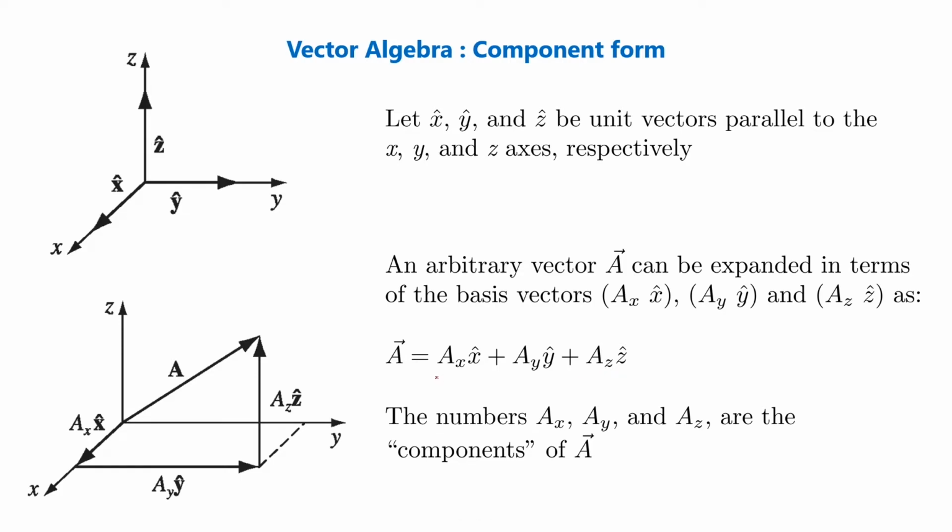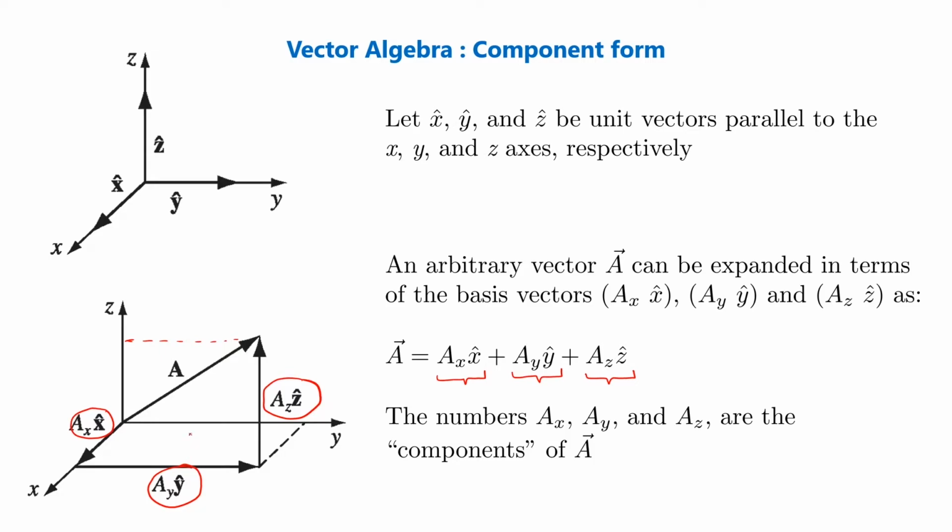So this term is the projection of vector A along the x direction, this term is the projection of vector A along the y direction, and this term is the projection of vector A along the z direction.